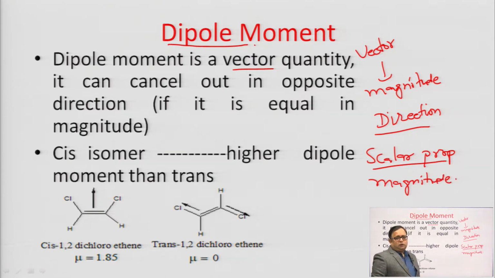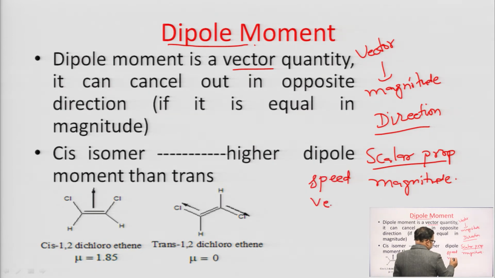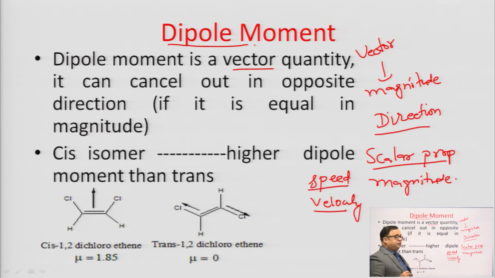If I pick an example from physics, there are speed and velocity. Speed is a scalar quantity, velocity is a vector quantity, because it possesses both direction and magnitude. Similarly, dipole moment is again a vector quantity.